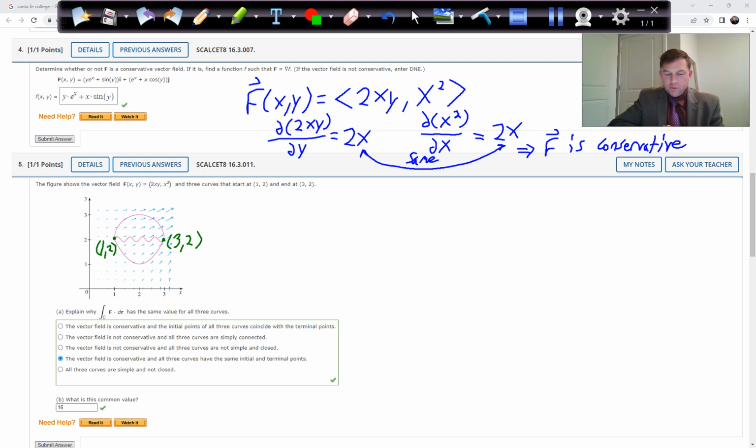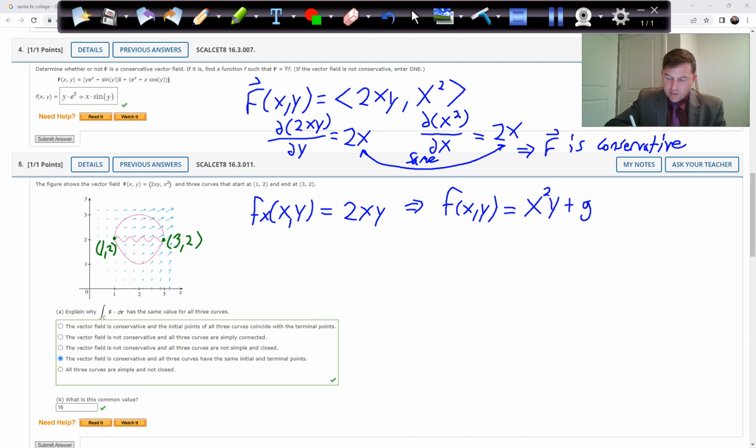And so now we will do our analysis. We'll say if f_x equals 2xy, then that implies that f(x, y) is the antiderivative of 2xy with respect to x, which would be x^2 y plus some possible function that only had y's in it.